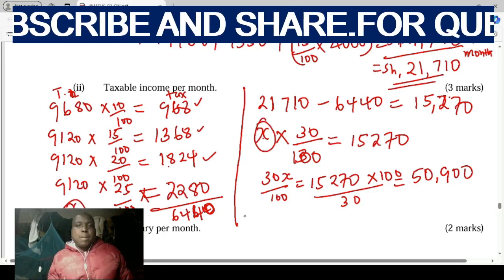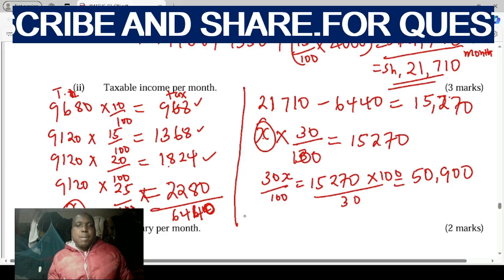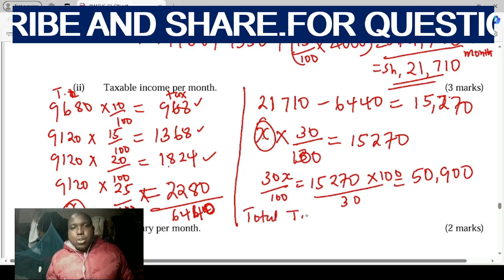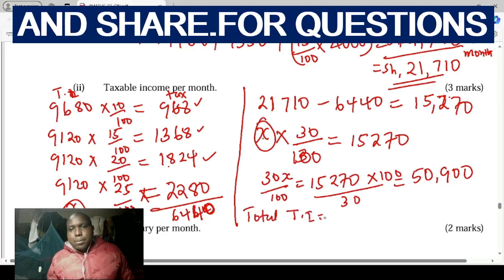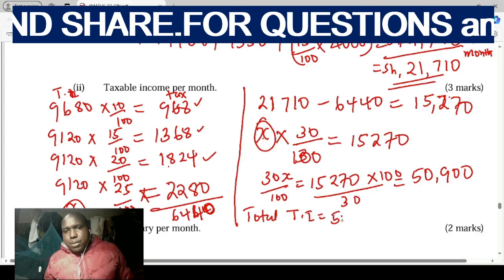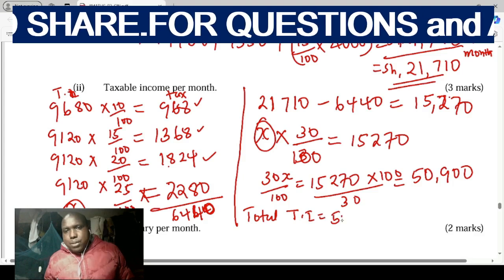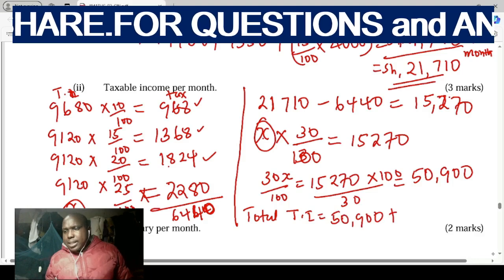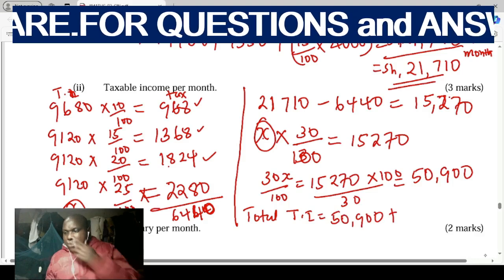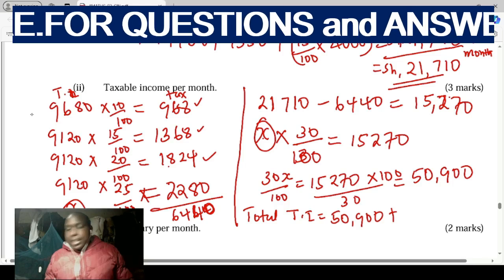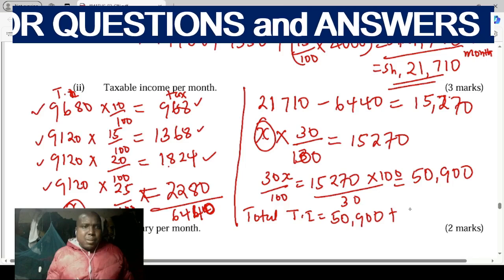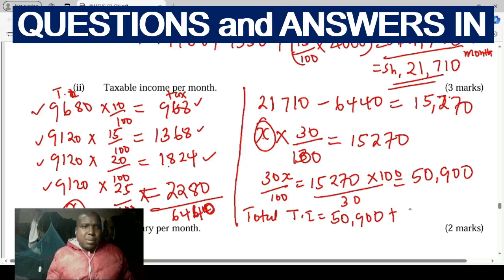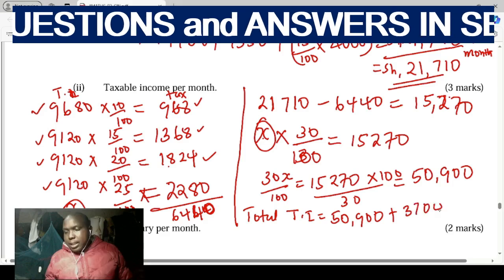Now tunataka kutafuta total taxable income. Now total taxable income is equal to 50,900 plus tunaongeza this plus this plus this plus this, which will total up to 37,040.